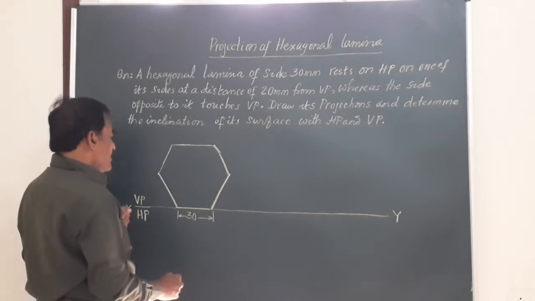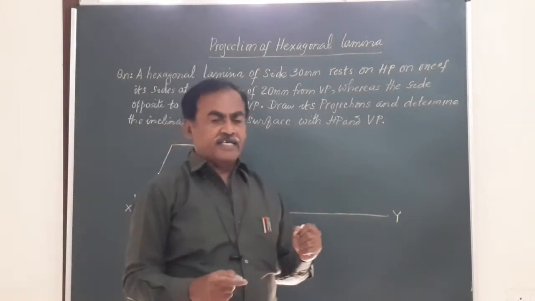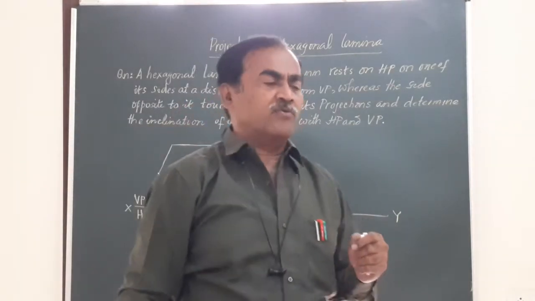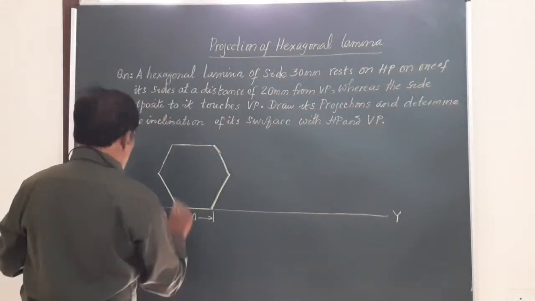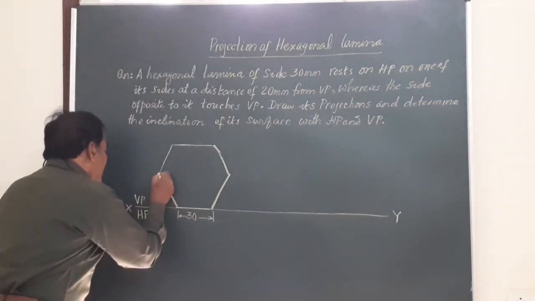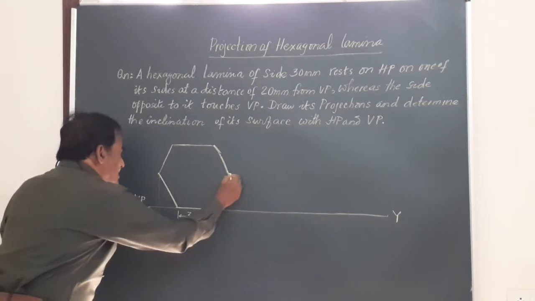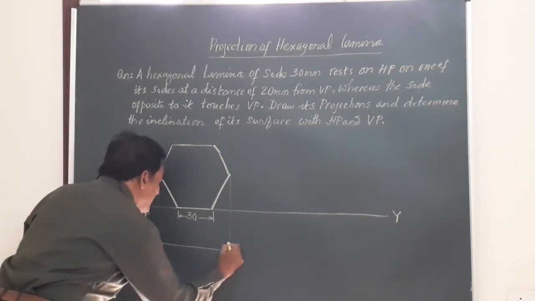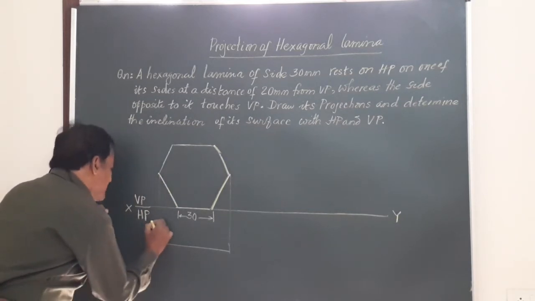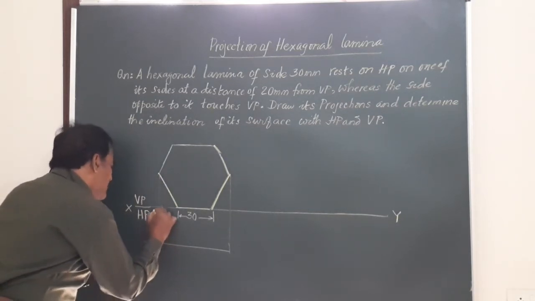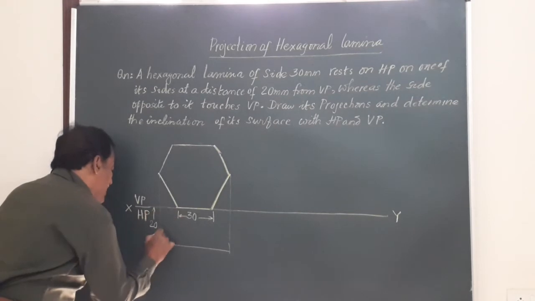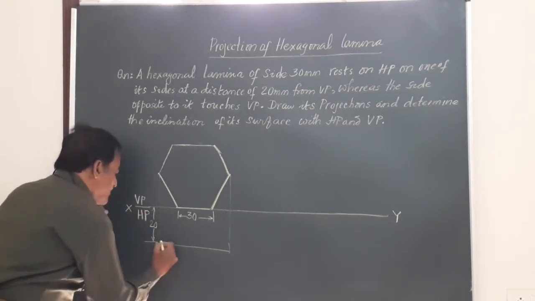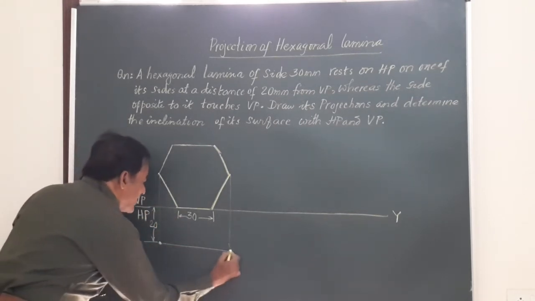And friends, here he says it is at a distance of 20 mm from VP. So friends, I am going to draw a horizontal line here at a distance of 20 millimeter from the wall. That means to say that the lamina is held parallel to the wall and on HP at a distance of 20 millimeter.